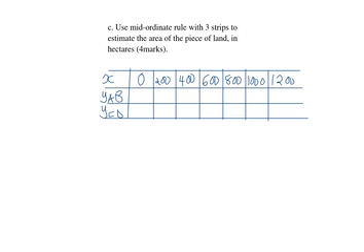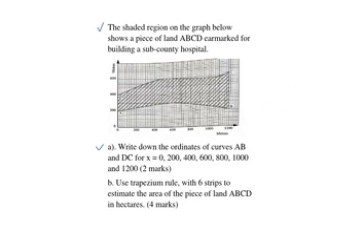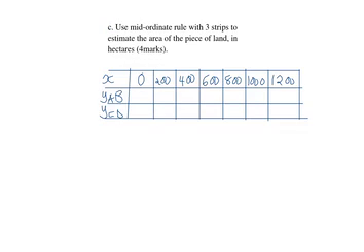Now we check the corresponding values of y in the curve AB and CD from the graph. So we have, when x is 0, the value of y on the curve AB is equal to 200, and the value of y on the curve CD is equal to 400. So we have 200 and 400.